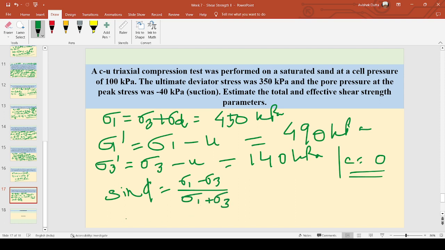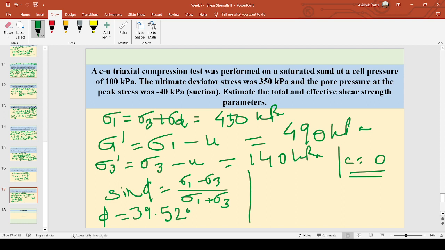This is the total stress, sigma 1 equals 450 and sigma 3 equals 100. We get the value of phi, that is the total shear strength parameter phi, as 39.52 degree.